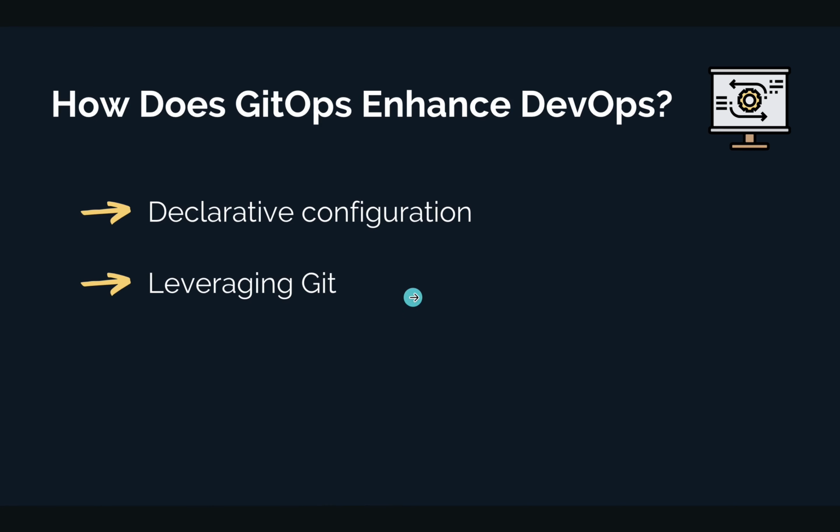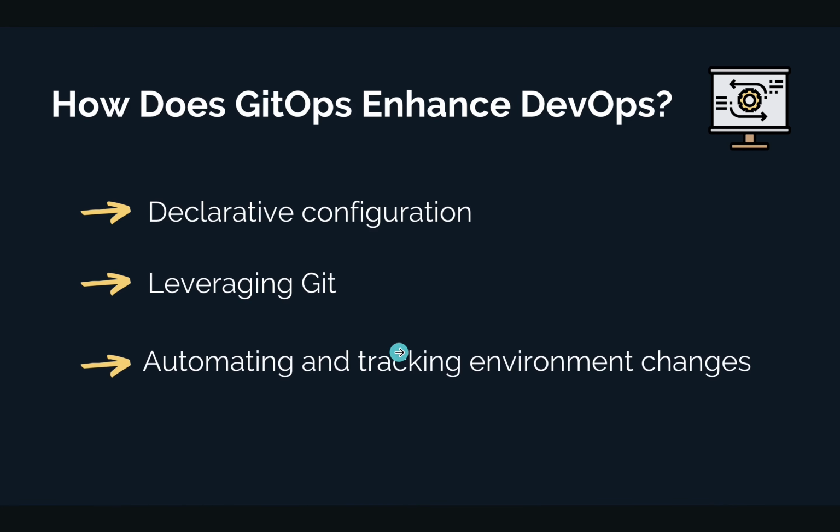So all changes are auditable, and all rollbacks can be easily executed by just reverting to a specific version in Git. There is another point related to automation and tracking the environment changes. This is done via the GitOps tools. So we can continuously monitor the Git repository for changes. And when a change is detected, the tools automatically pull the updated configurations and apply them to the target environment.